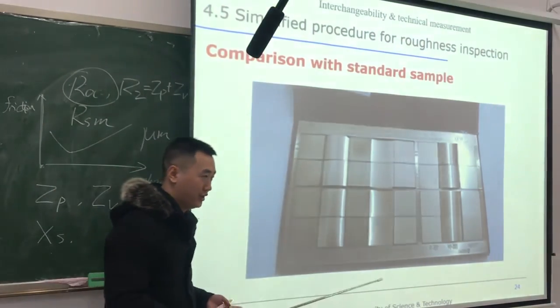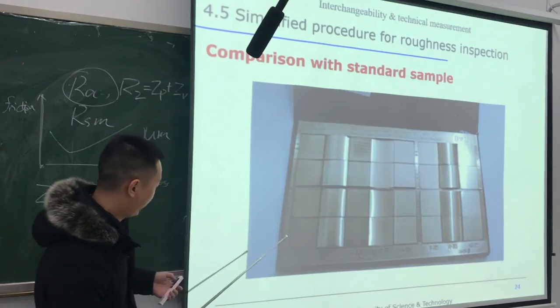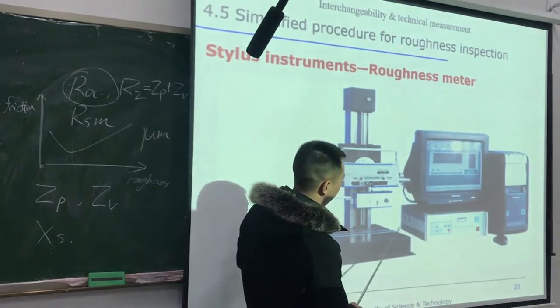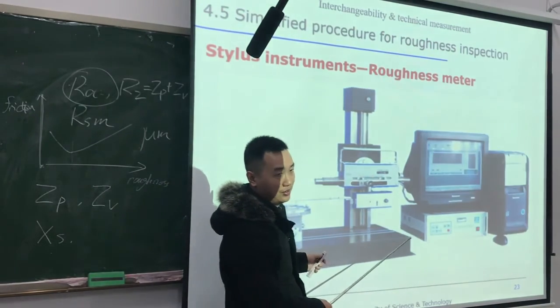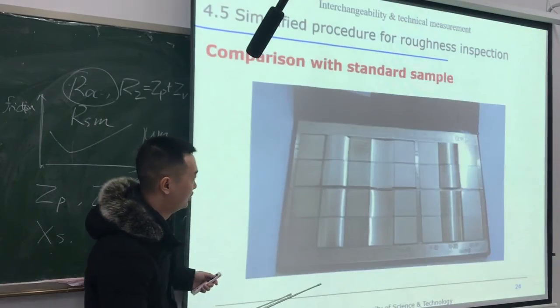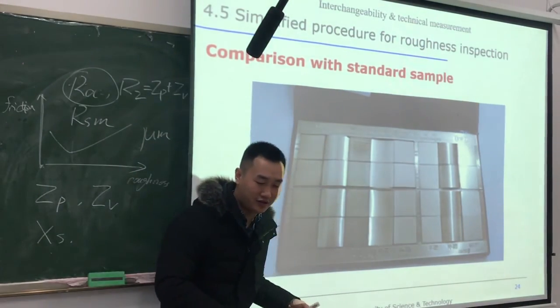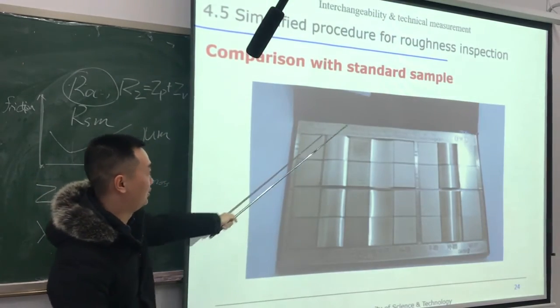Workers in a workshop may not have this kind of machine, and this machine is normally located in the QA offices. But field workers need a faster inspection. Normally, they will use standard samples.